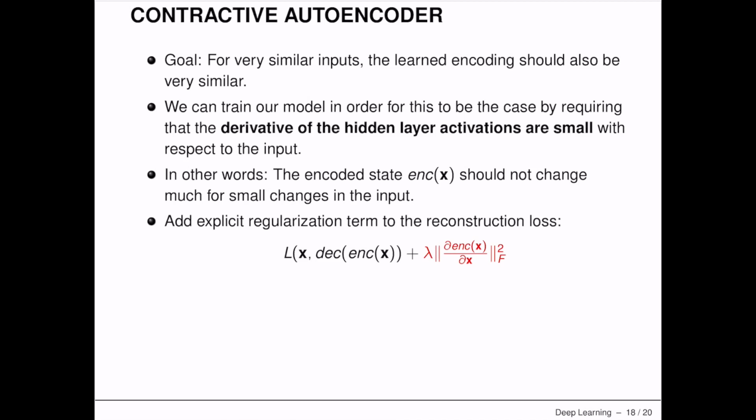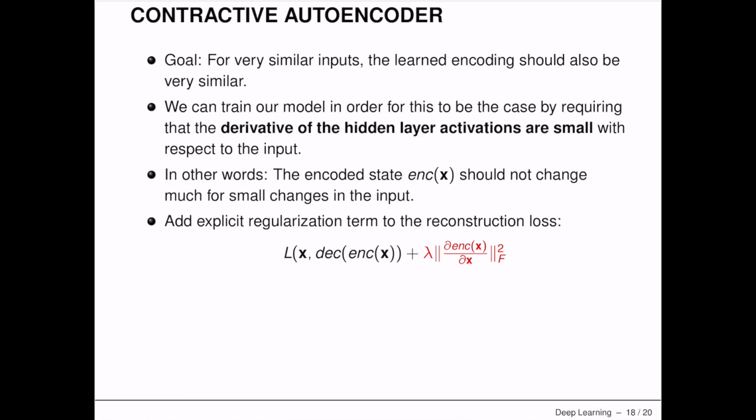If we don't want the activations to change a lot if the input does not change a lot, we can express this mathematically by requiring that the derivative of the hidden activations with respect to the inputs be small.